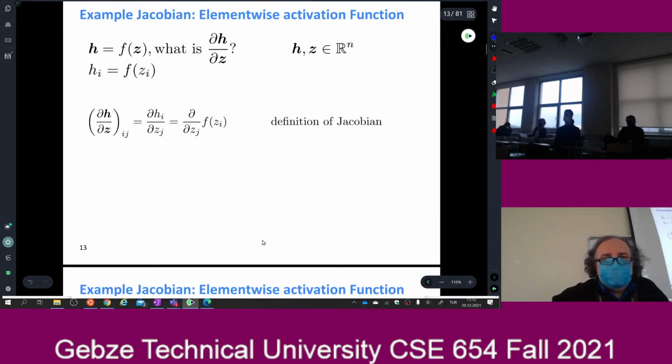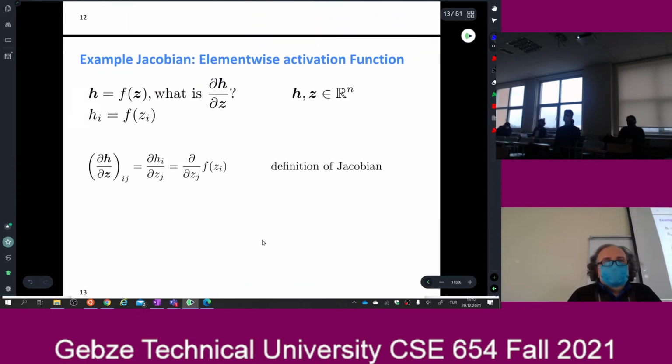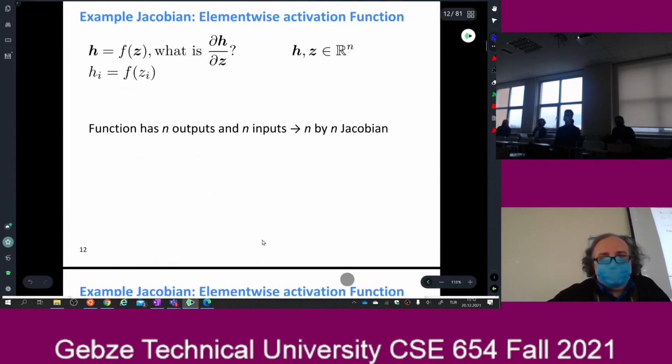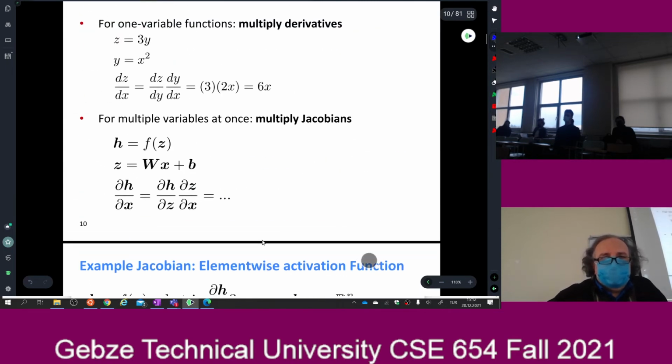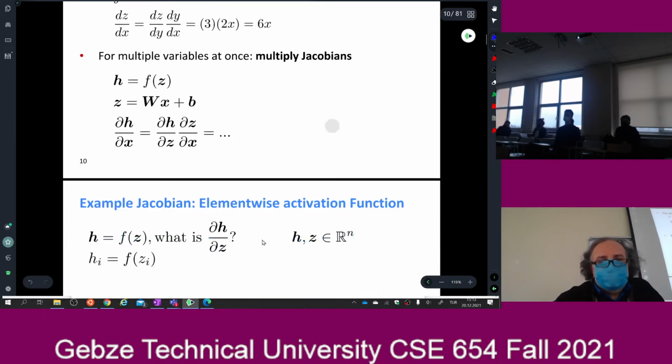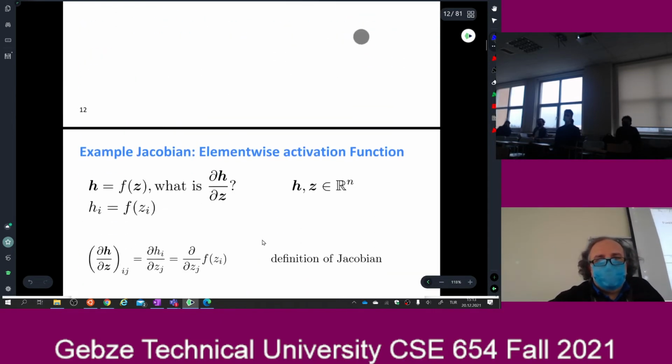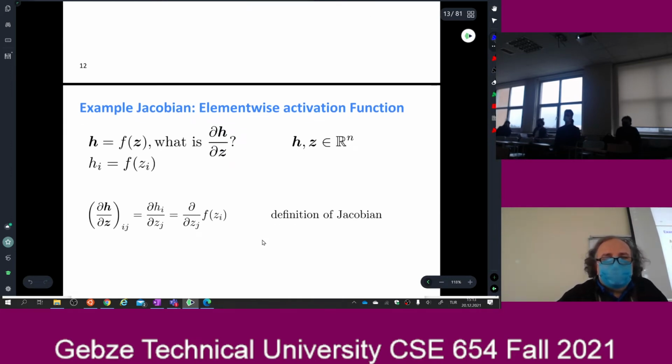Okay, again, the chain rule says take the derivative of h with respect to z and the derivative of z with respect to x. That's what we are going to do, okay? So take the derivative of h with respect to z.